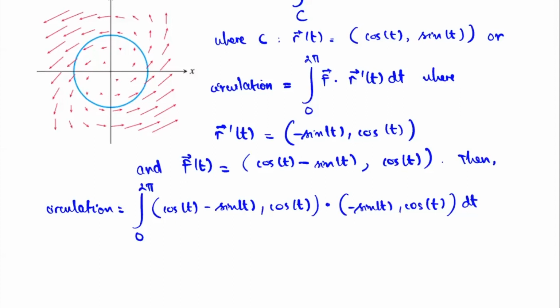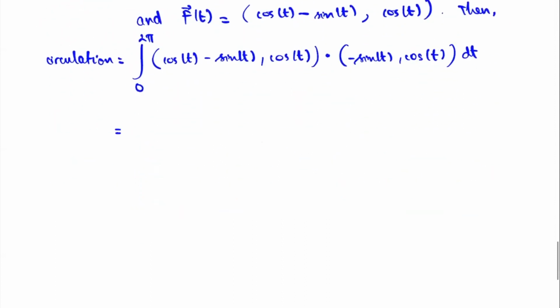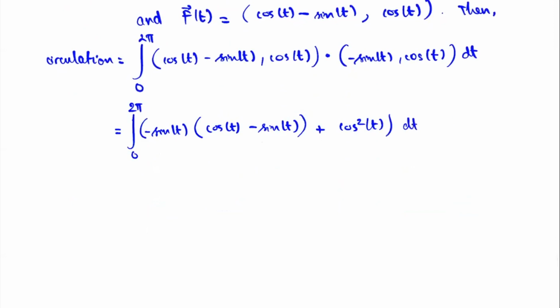Okay. So you apply the dot product here for the integrand: the integral from 0 to 2 pi of negative sine of t times cosine of t minus sine of t, plus cosine squared of t, dt.